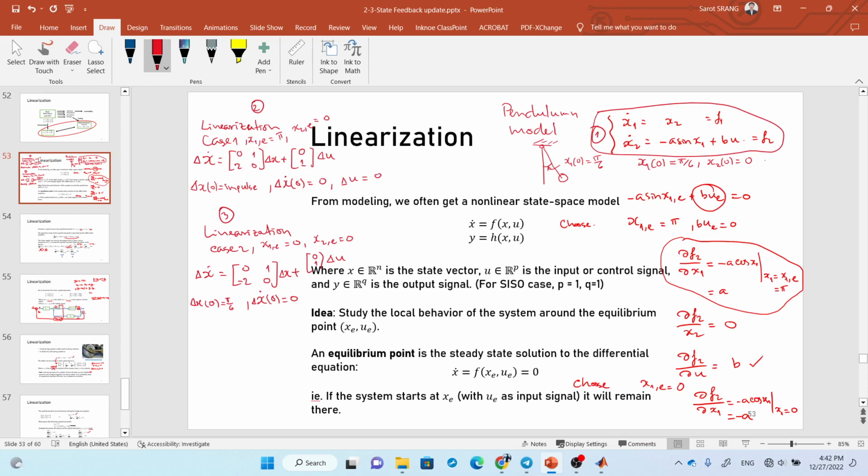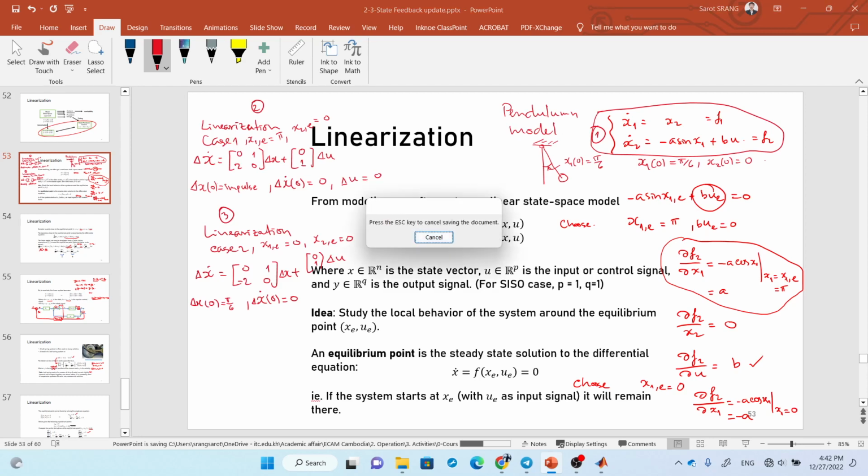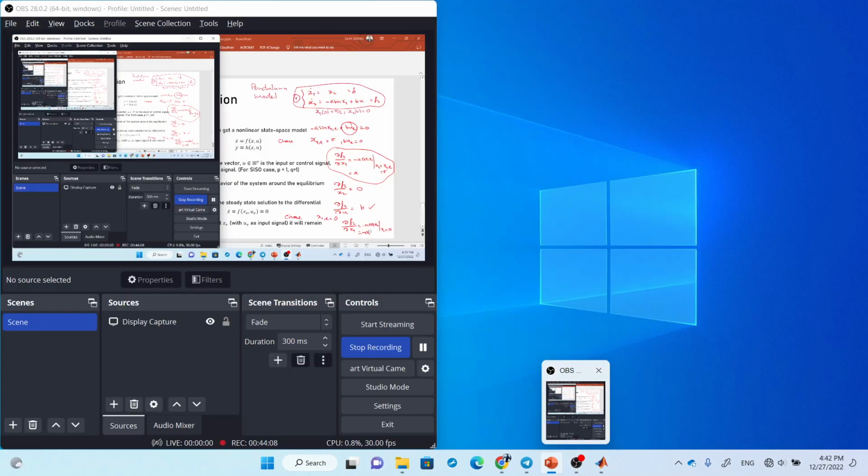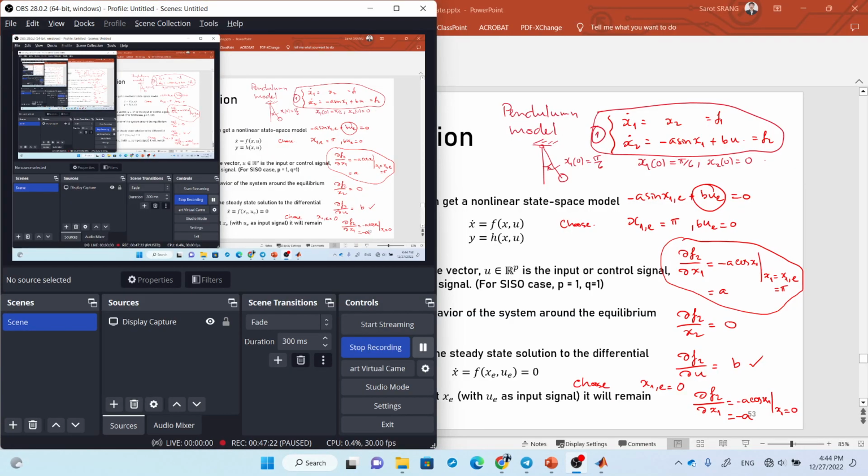But for this case, for sure the system is unstable. So now you simulate case 2 here and the original nonlinear equation here, and make a comparison.